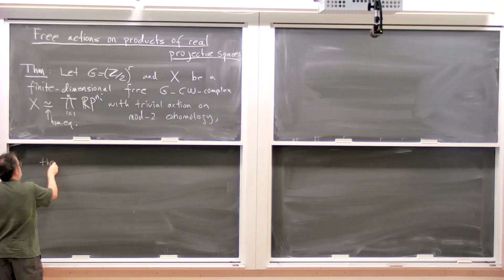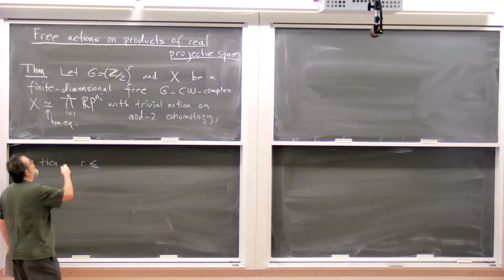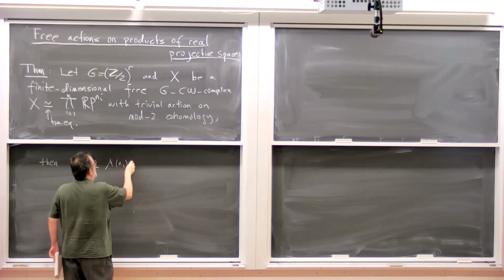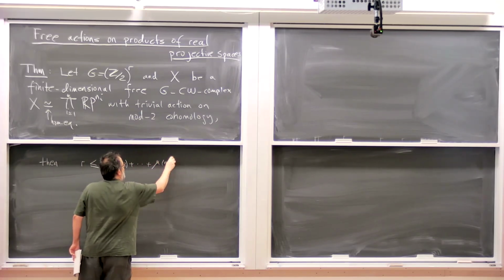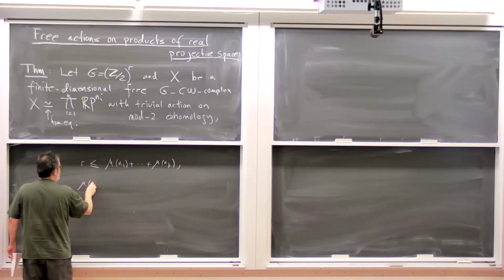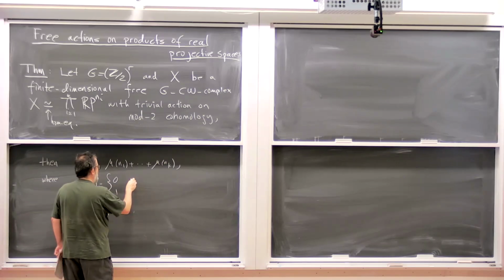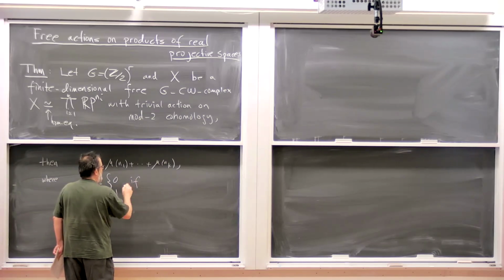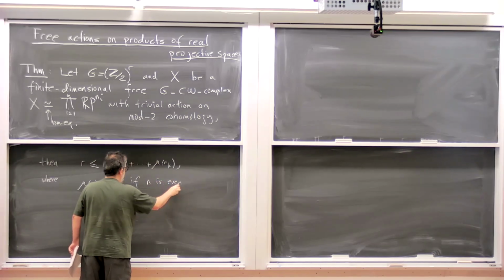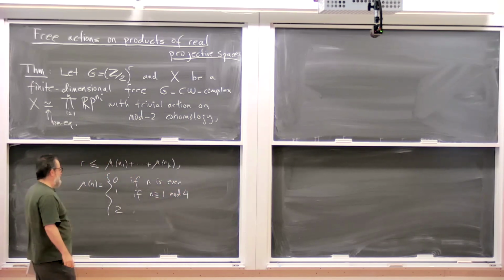Then there is a rank restriction on the group: r should be at most a certain number computed in terms of the dimensions. And this number depends on whether n_i is even or odd. μ(n) is 0 if n is even, and if n is 1 mod 4, it is 1.